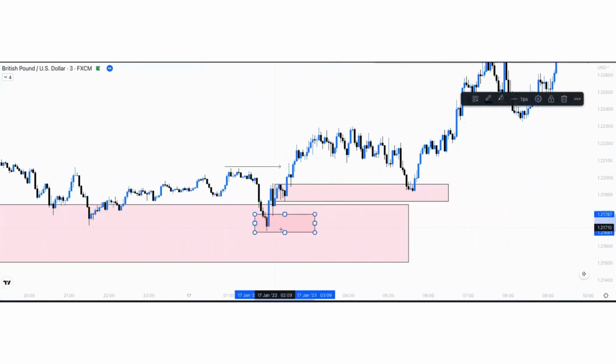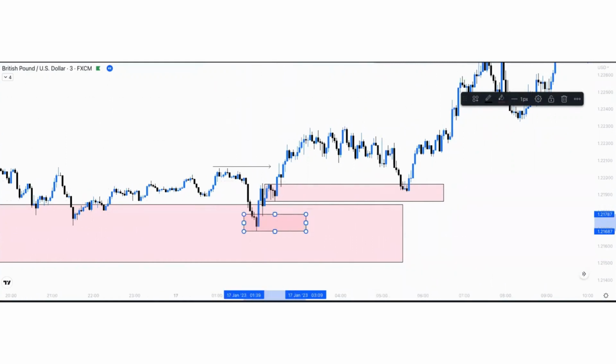It has respected this last down candle that caused this break. It has this manipulation right here. I think you can see the range on the lower time frame, the 1-minute time frame, and then it goes to the upside. So it builds this demand zone right here, the last down candle that caused this break.